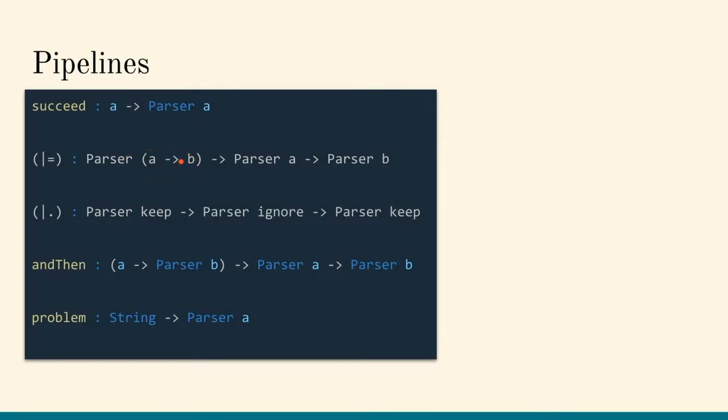So the first parameter, parser one, is a function parser of A to B. And the second value is a parser of A. So when we combine them together, I get parser of B. Because the value from parser A is the input of this function, then I get B. So it's a combination. We combine these two together, I get parser B.